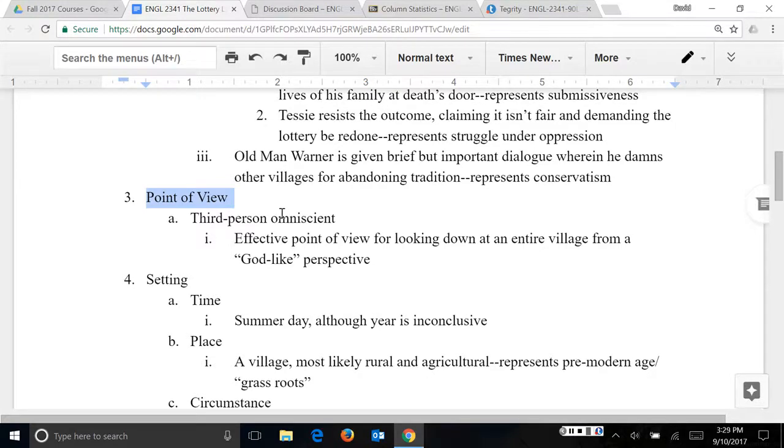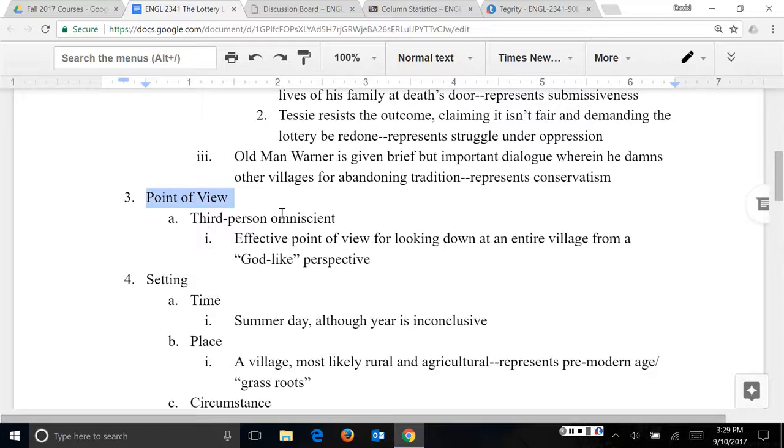Right? For instance, in The Lottery, no character is telling the story. Mr. Graves, the Hutchinsons, Summers, Old Man Warner, none of them are telling the story. This is told from some neutral, objective stance, someone who's outside of the village looking down at the village, right?